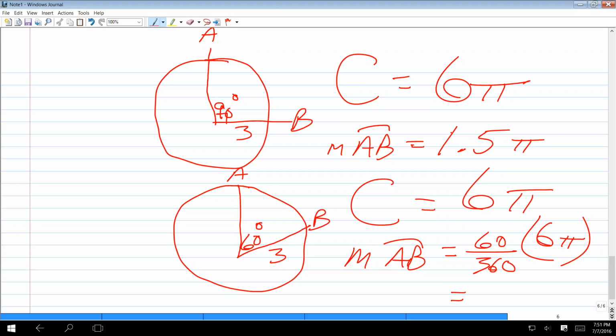What is this answer? Just pi. Yeah, just pi. I know what you meant when you said 1, but it's actually just pi.